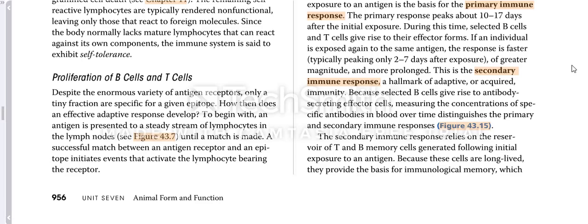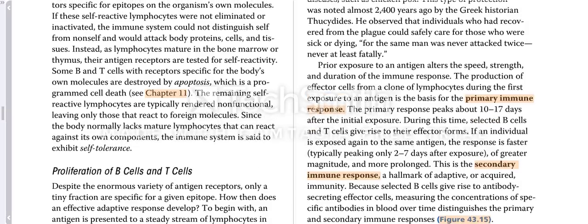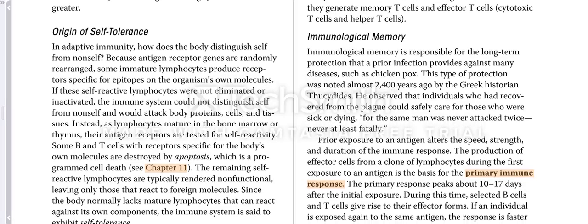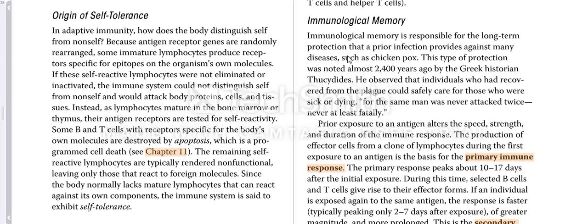Well, it does say something about chickenpox, but anyway, it does say that the secondary immune response relies on the reservoir of T and B memory cells generated following initial exposure. So the T and B cells have to make long-term protective cells for diseases such as chickenpox.